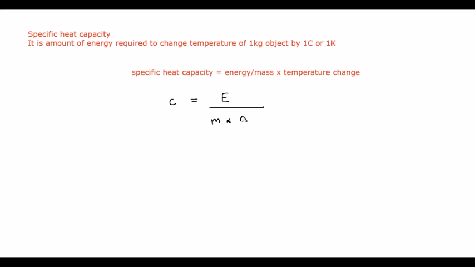Change means delta, and for temperature it's theta. So you can write delta theta, or in some books you can use delta T also, it's acceptable. Both mean temperature change.